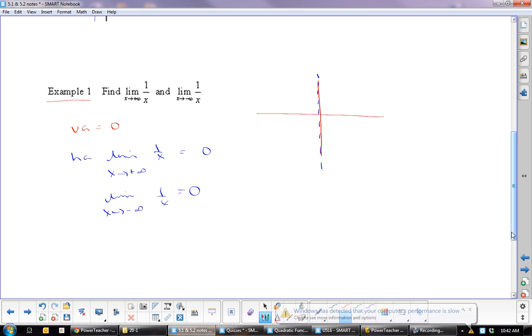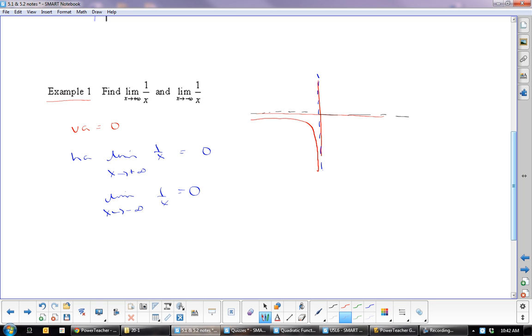Now, can you go through horizontal asymptotes? Yes. How do we know that we're not going through this horizontal asymptote, which is right there now? How do we know? No x-intercept. Okay? So we know we're not going through it. So this would be our possibility for this one.